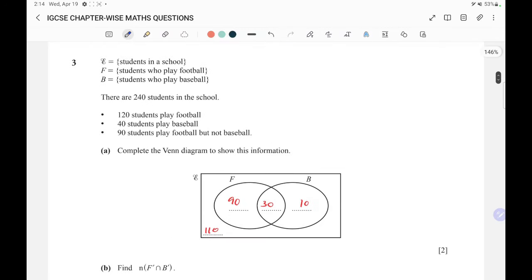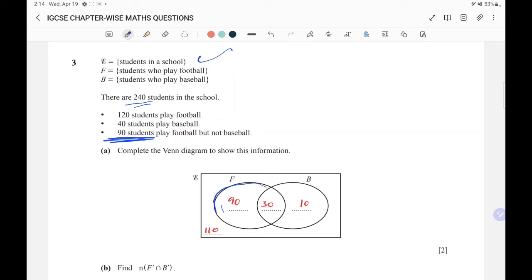Now move to the next question, that says first is universal set, then F football, B baseball. There are 240 students, 120 students play football, so this whole F is 120. 40 students play baseball, 90 students play football but not baseball.